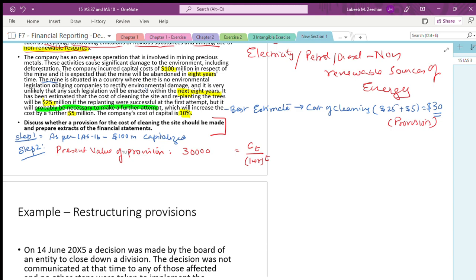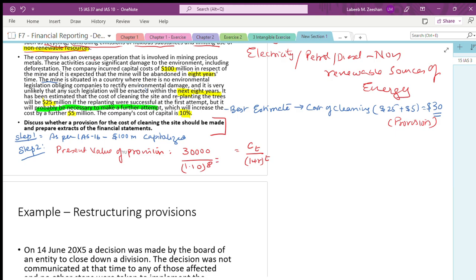Okay? Fine? Now, $30,000 divided by 1.1 to the power of 8. Is it right? 1.1 to the power of 8.